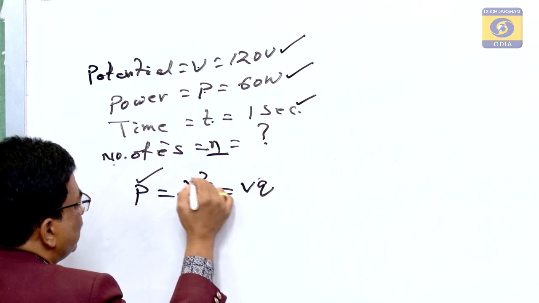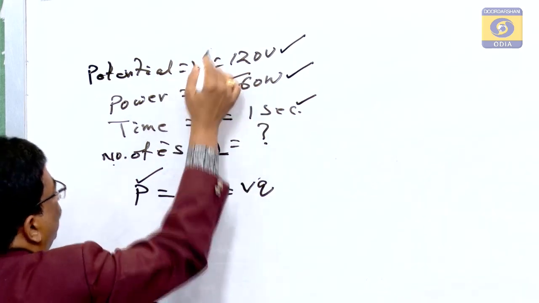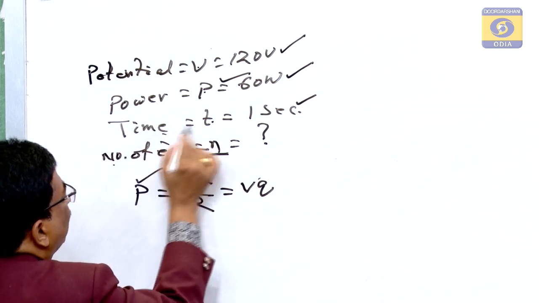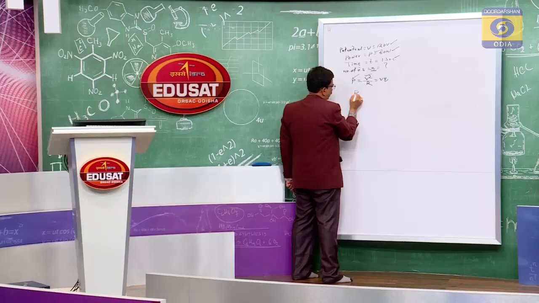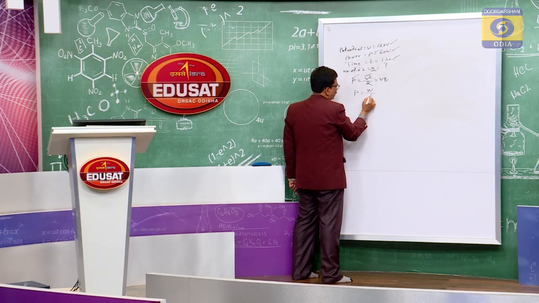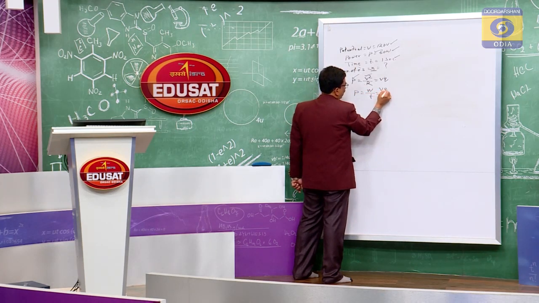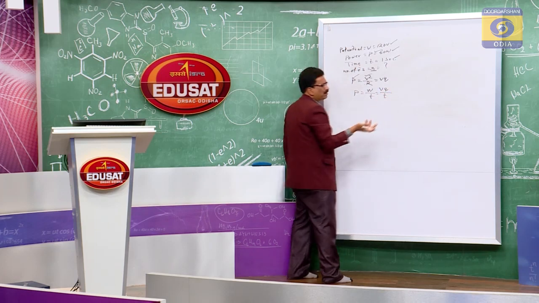If power and potential V are supplied, the resistance is not required, but here the time T is needed. So, P is fundamentally W by T, and W is equal to VQ. So, P is equal to VQ by T.